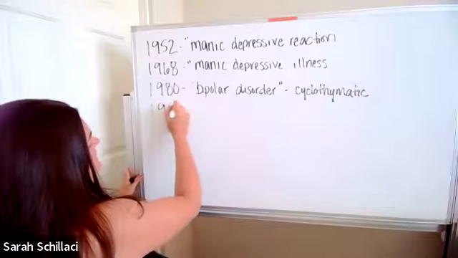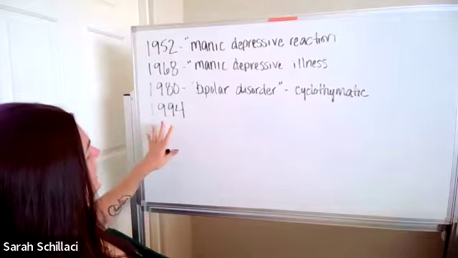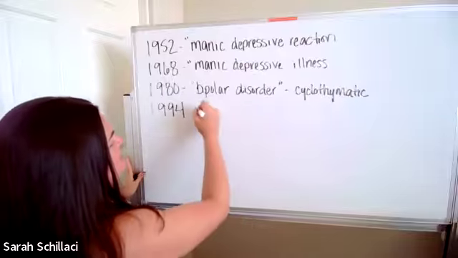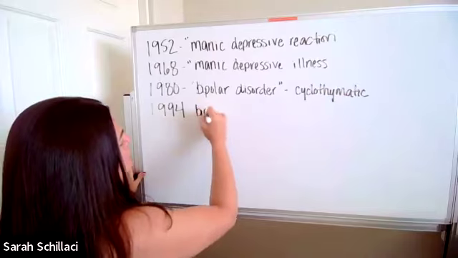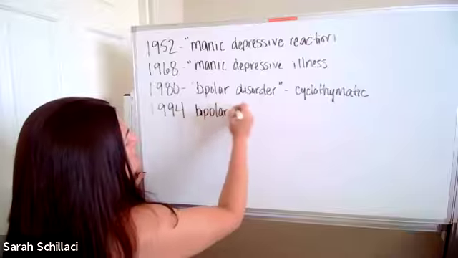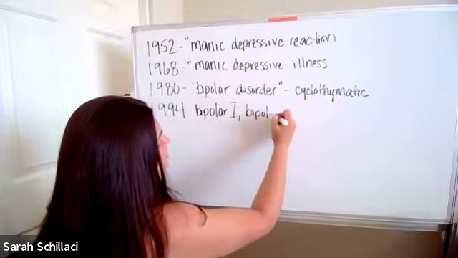We further see this explored with the DSM version 4 in 1994. We actually start to see a much larger spectrum coming into play. Here we have the acknowledgement of bipolar 1 and then bipolar 2.